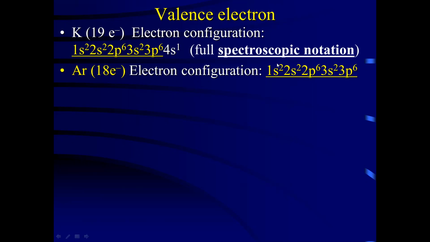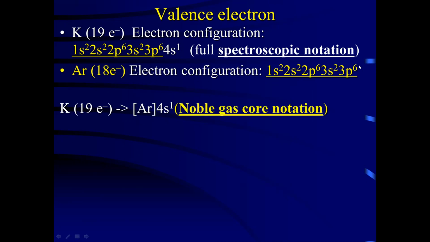Then we finish, because argon only has 18 electrons, right? Then let's compare. You will find this part is exactly the same as that part, identical. Of course they are the same, because it's 18 electrons.